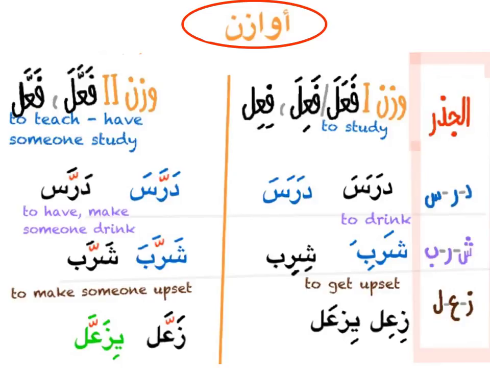As you can see from the chart, we have وزن واحد, فعل فعل, and وزن اثنين, فعّل. Both have the same basic pattern but with different vowels that make it a different word. For the جذر دال راء سين, we have درس. For شين راء باء, to drink, شرب.